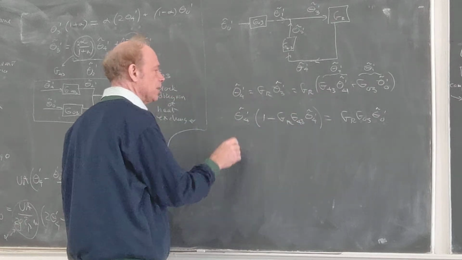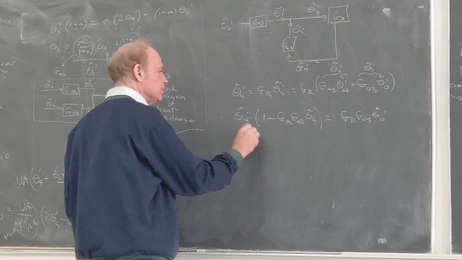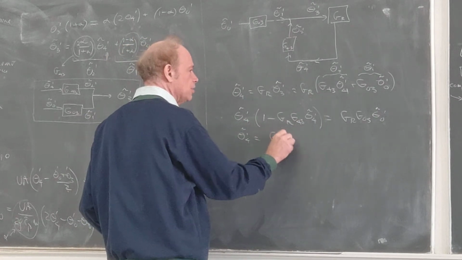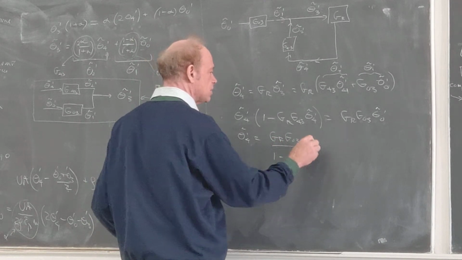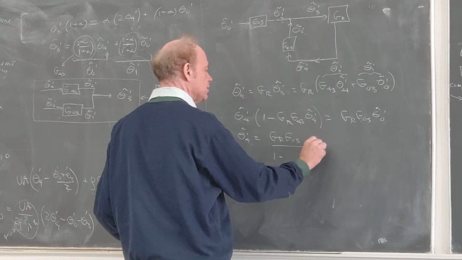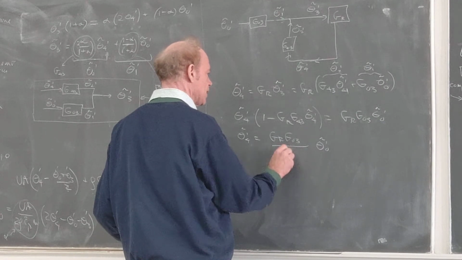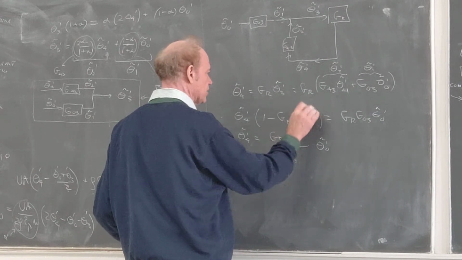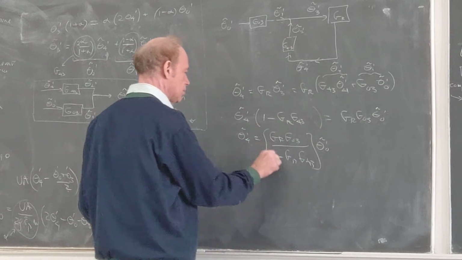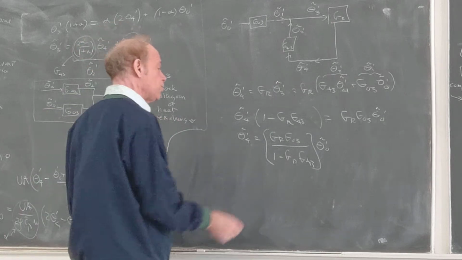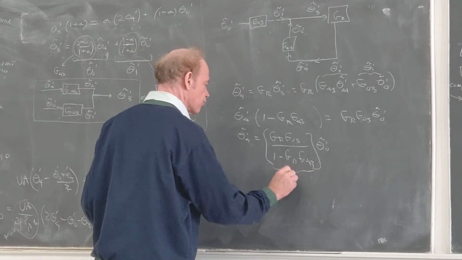Let's bring this to the other side. I have theta 4 prime tilde equal to GR G03 over 1 minus GR G43 times theta 0 prime tilde, where this is the G overall.